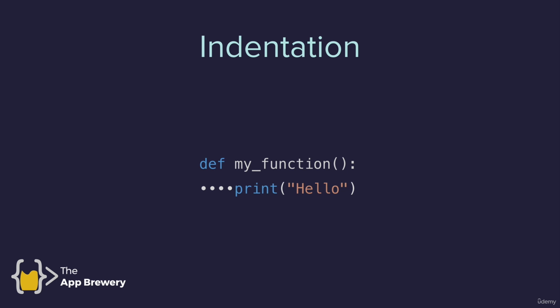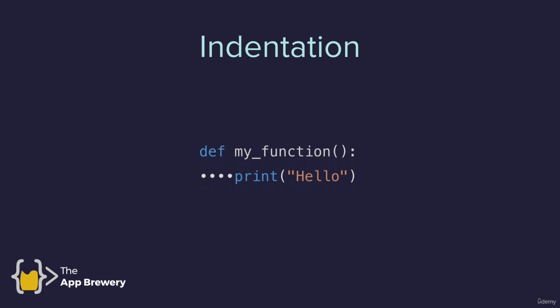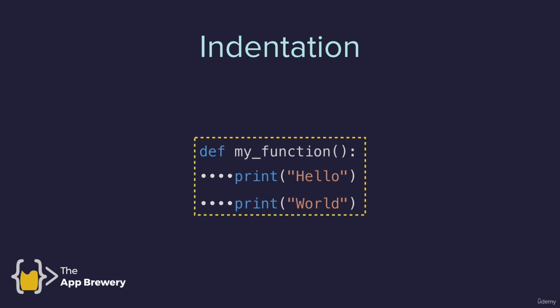So if you imagine each dot as a space, then this is a single block of code. And if we want to continue adding to this block of code inside my function, then we would continue adding lines of code which are indented.